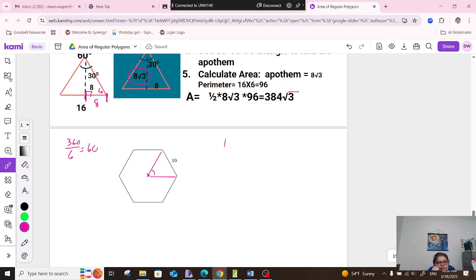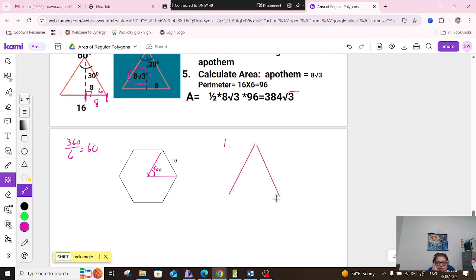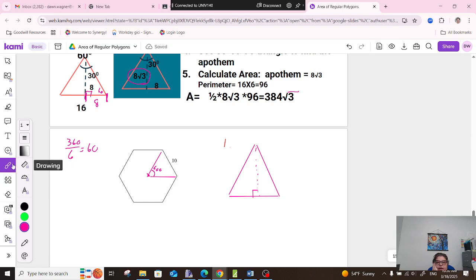So this angle here is what? 60. Now I'm going to draw a bigger triangle so I can work with it over here because I have this pen and sometimes I need to draw big. And I am also going to draw the apothem, right? Okay, now I'll make it straighter.